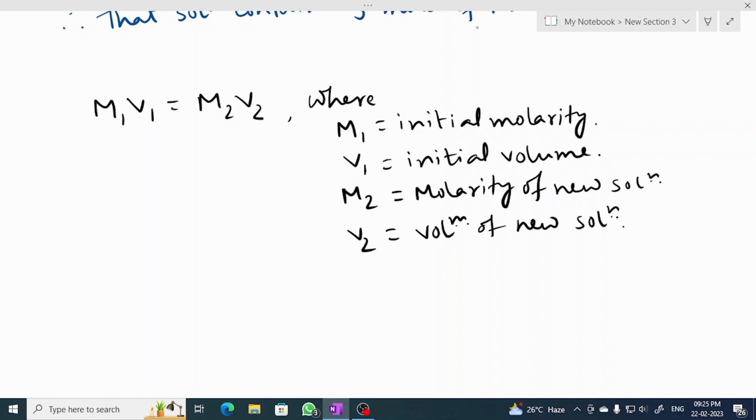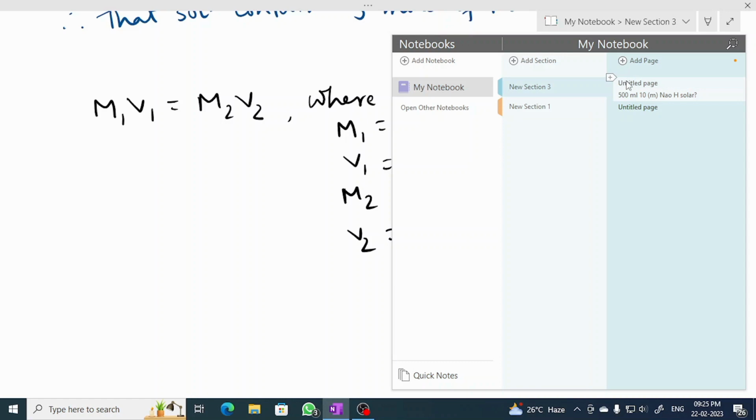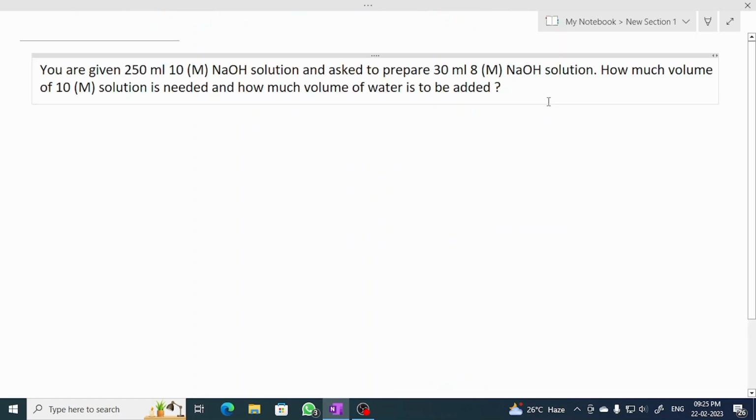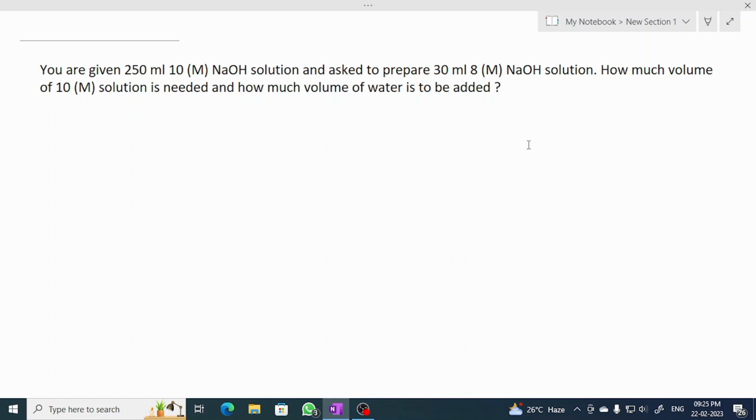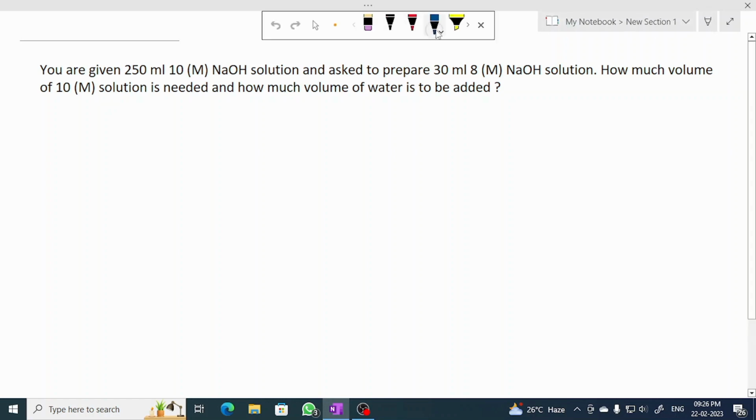To understand that formula, we will discuss a problem. The problem tells you are given 250 ml 10 molar NaOH solution and asked to prepare 30 ml 8 molar NaOH solution. How much volume of 10 molar solution is needed and how much volume of water is to be added? So let us solve that problem.